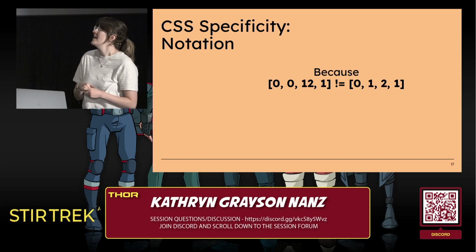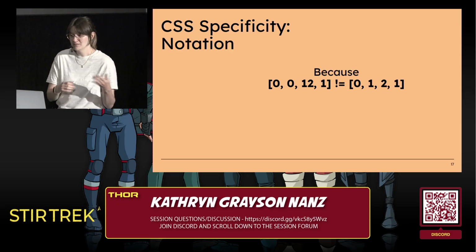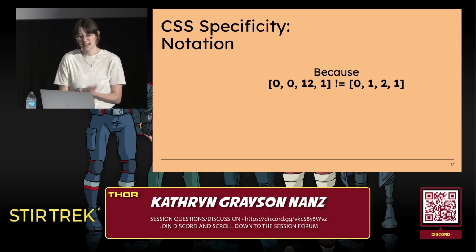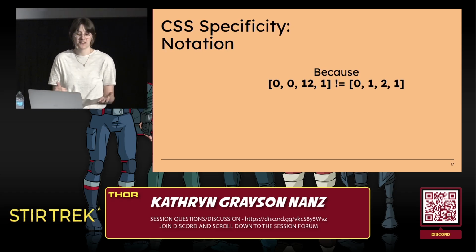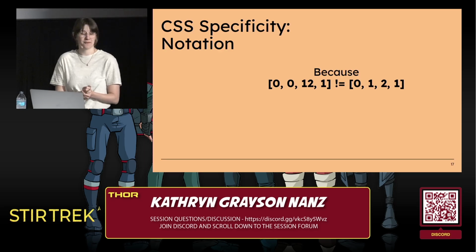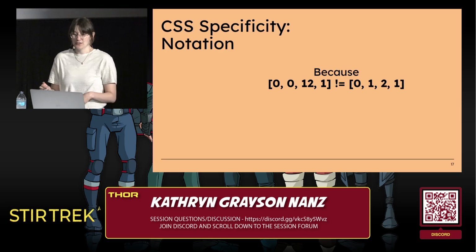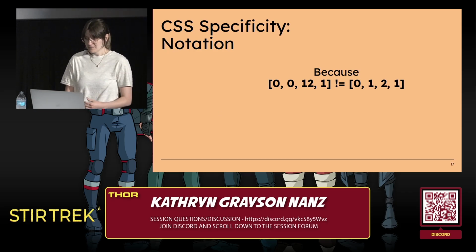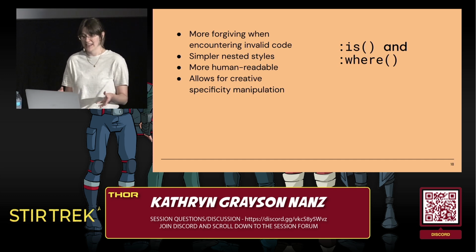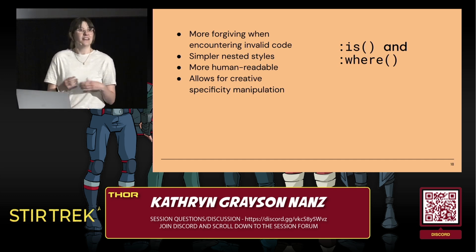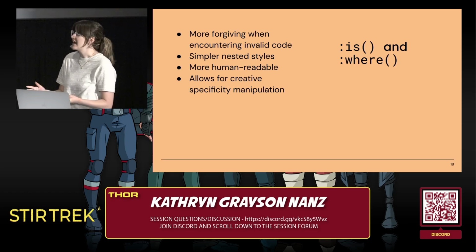In that case, our specificity might look like 0,0,12,1, and if we were to just read that left to right, we'd be thinking, 121. But the specificity of something with 12 classes and 1 element is going to be very different than something with 1 ID, 2 classes, and an element. That's 1,2,1, which could also arguably be read as 121. So the commas in the notation stay in place to keep us from doing that.